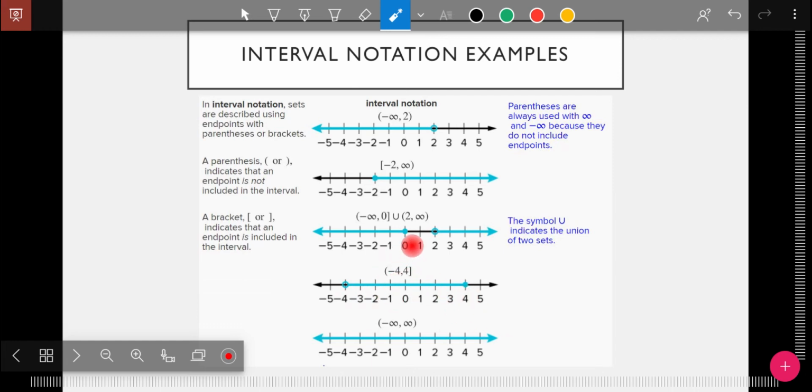Positive 4 is included, so a harder, squared bracket. And then all real numbers is a little bit stranger. It's a little bit easier to write the double R, but negative infinity to positive infinity, all infinities get rounded-off parentheses. So not exactly super hard. You'll get used to this. Hopefully you're taking some notes right now. It's not super hard. It's new to you.